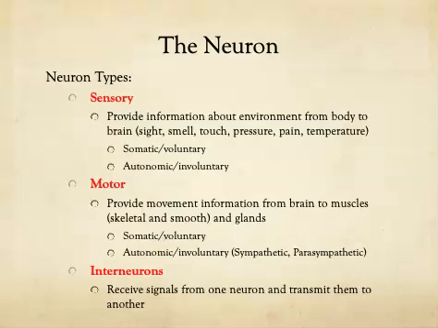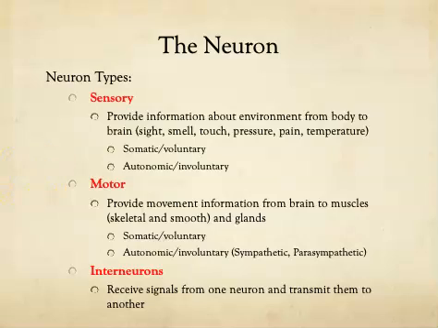The sensory neurons are receiving information from the environment and from the internal workings of the body, and they are sending that information toward the central nervous system. Remember, we said some of these sensory neurons are going to be the somatic type, the voluntary type, and some are going to be the autonomic or the involuntary type.